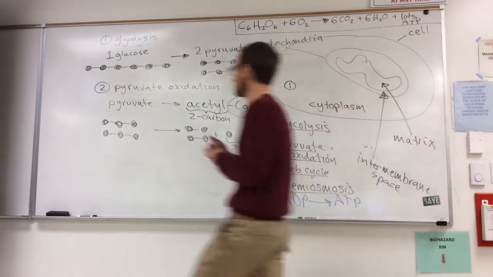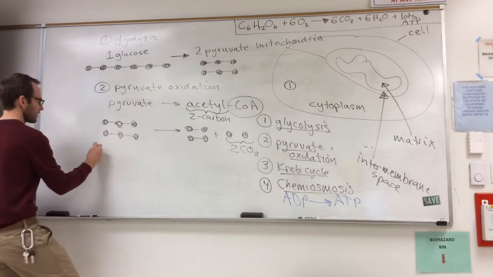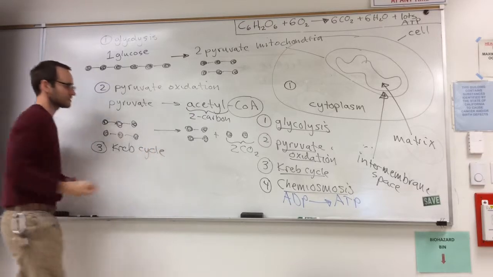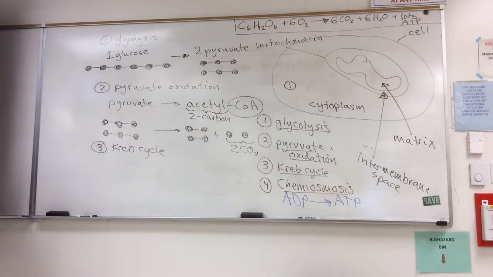So then we move on to the citric acid cycle, or the Krebs cycle. And in the Krebs cycle, what we do is we feed in the acetyl-CoAs, and we completely break them down, releasing all the carbons as carbon dioxide. Or we release 2 carbons as carbon dioxide per acetyl-CoA coming in. All right?